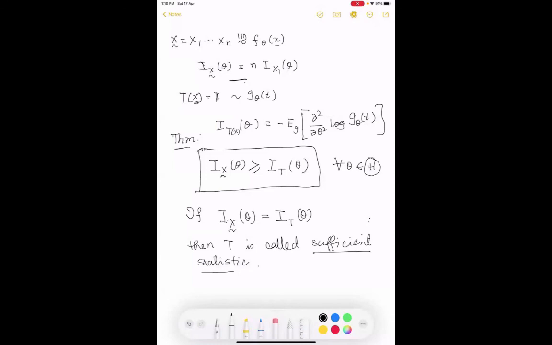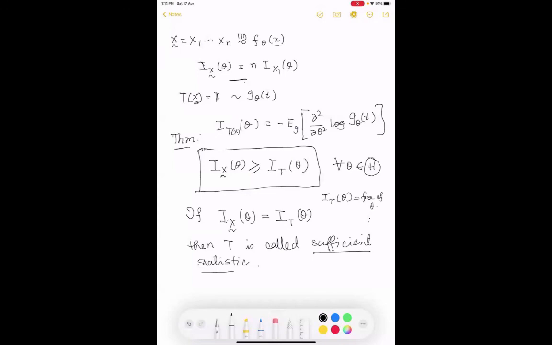Suppose I_T theta, that I tilde, will always be some function of theta because it contains the information about theta. But it might happen that I_T theta is free of theta. If that happens, that means T does not contain any information about theta. So that means T is not a very useful statistic.